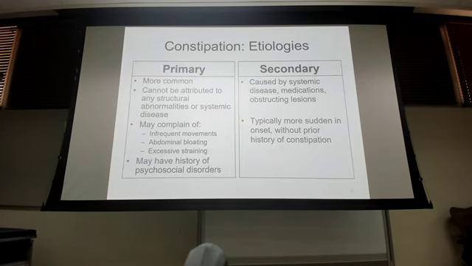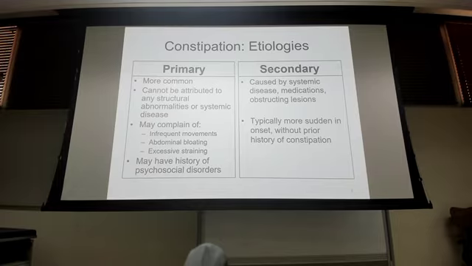Primary versus secondary etiologies. Primary is inside the colon. That's why it's primary. Slow transit, so feces is moving slowly through the colon. IBS, or irritable bowel syndrome, more predominant constipation type, also inside the colon. And dyssynergic defecation.